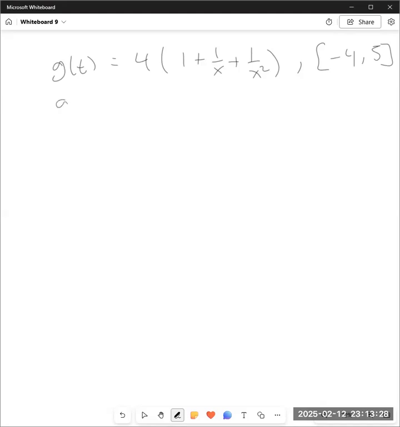So that makes g'(t) equal to 4 times (0 - 1/x² - 2/x³), equal to 0.